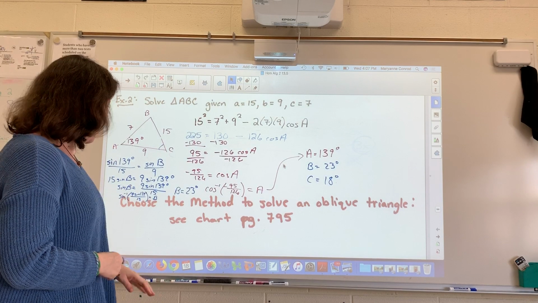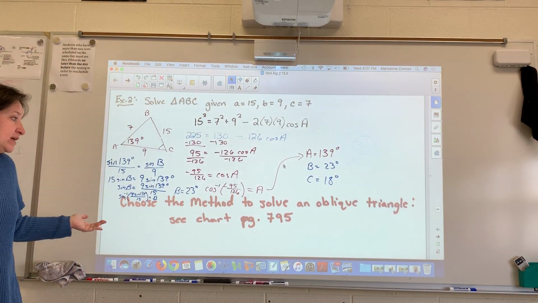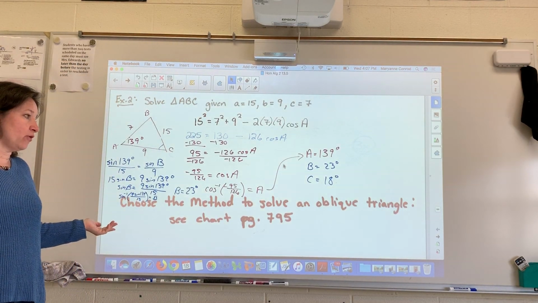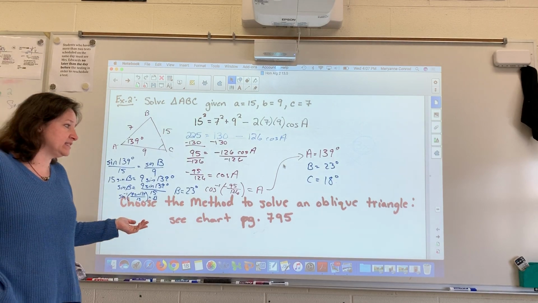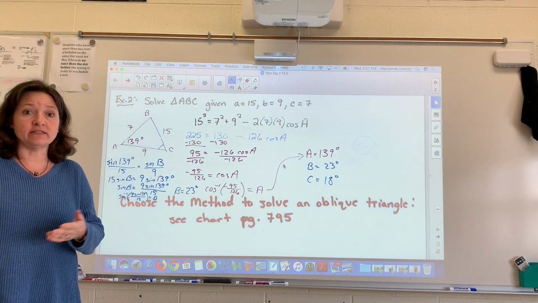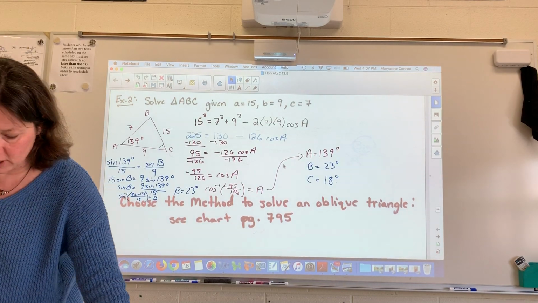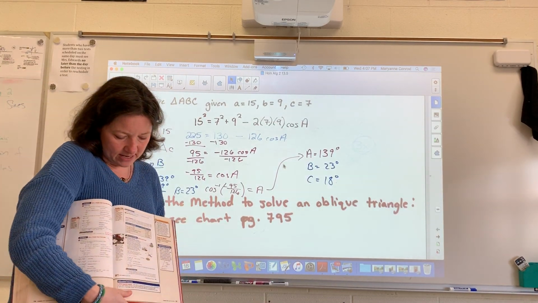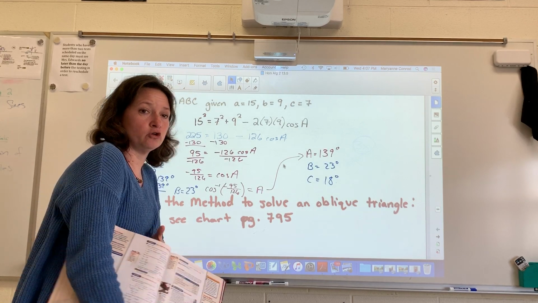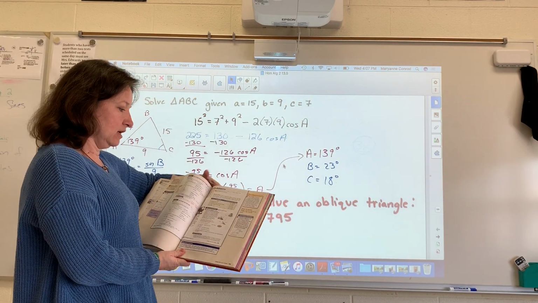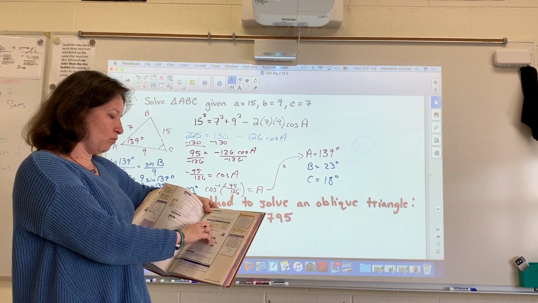So then we have to look at how do we decide which method to use for an oblique triangle? How do we decide, do I use law of sines, do I use law of cosines? Well, on page 795 in your book, there's a nice little chart right here in the middle that tells you how to decide. It says if we have two angles and any side.